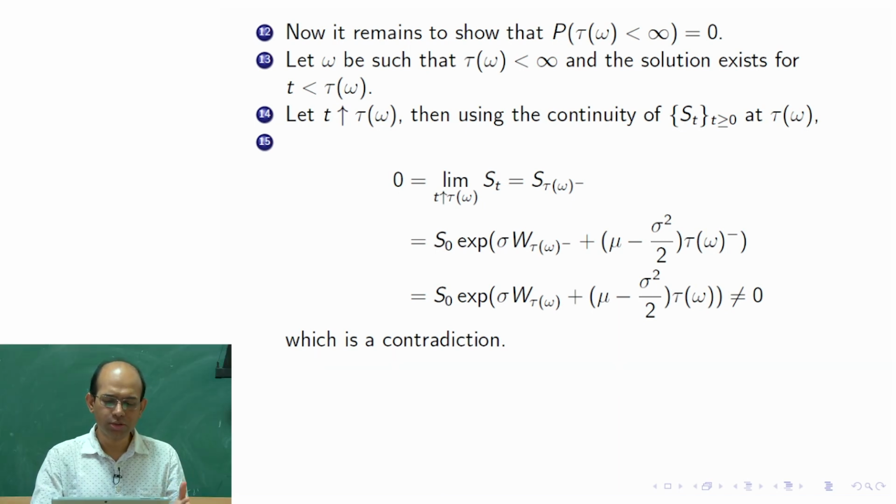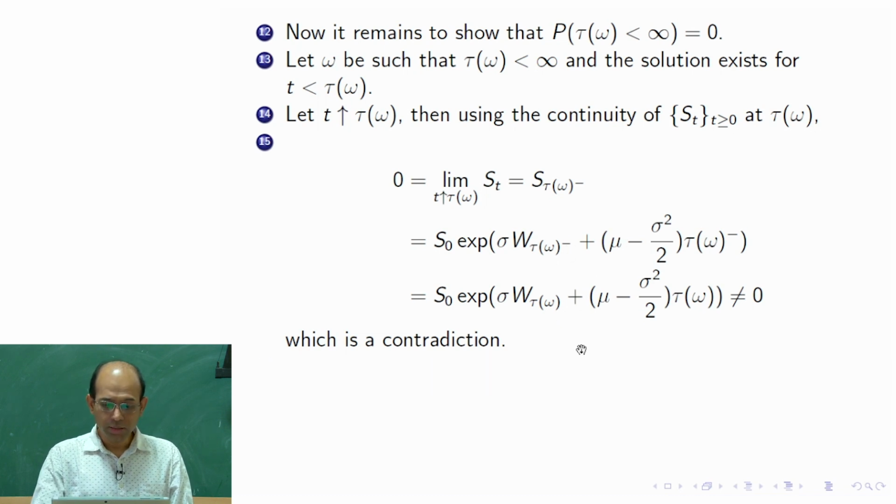Brownian motion is also continuous, so I can write tau(omega) here too: mu minus sigma squared by 2 times tau(omega). The minus sign is not important here; the same thing is written without the minus sign.